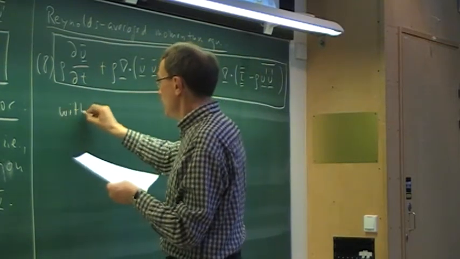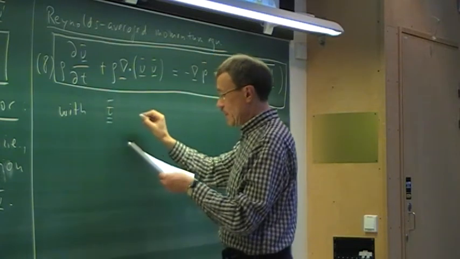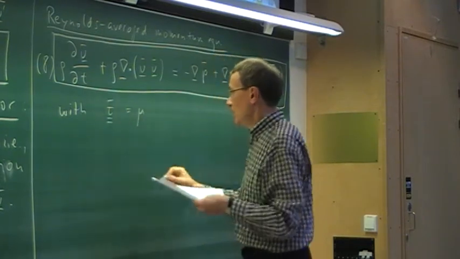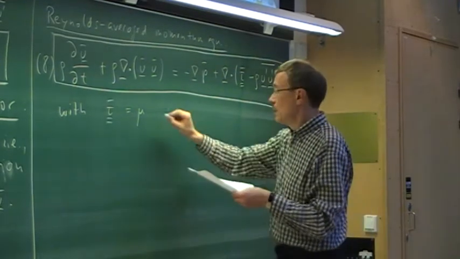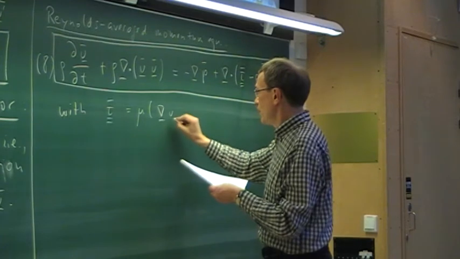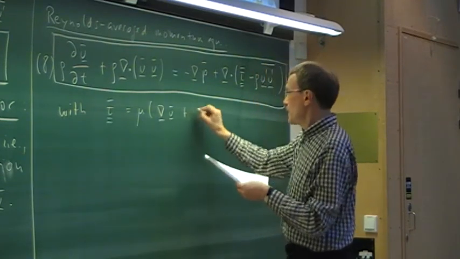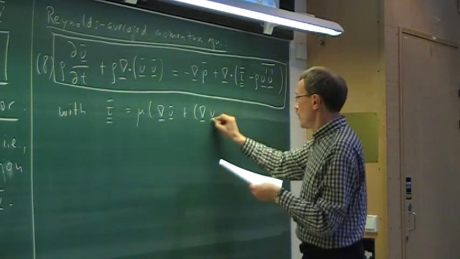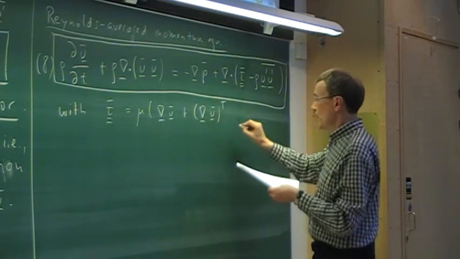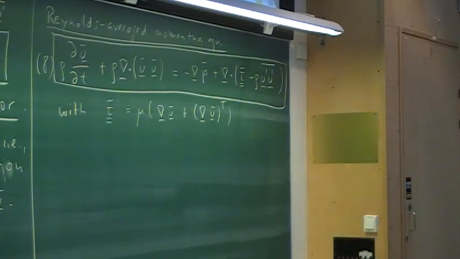And in here, the viscous stress tensor is time averaged. That means we have here the viscosity coefficient times the gradient of the mean velocity plus the gradient of the mean velocity transposed. So that is, for incompressible flow, the viscous stress tensor.